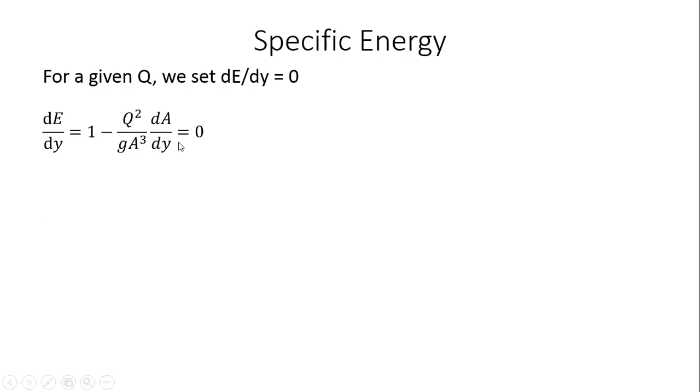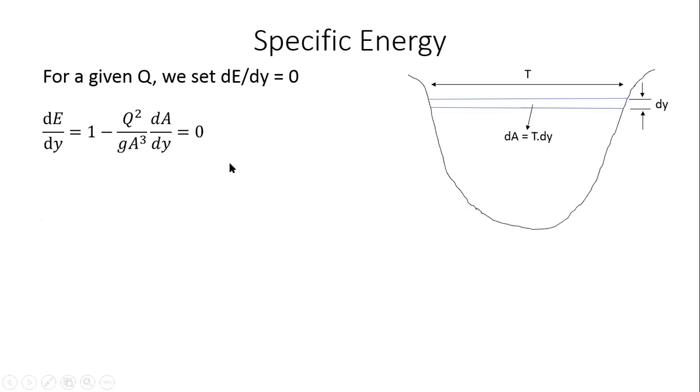Okay, so now I want to find out what this dA by dy is. Let us say I take any random cross section which has a top width of capital T. If I take an elemental flow depth of dy, the area of this elemental surface is simply dA, which is equal to T times dy, right?